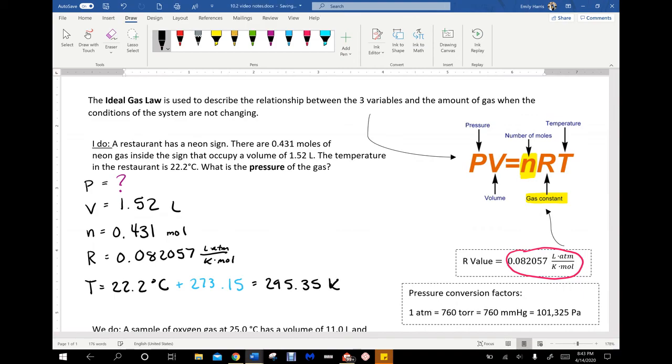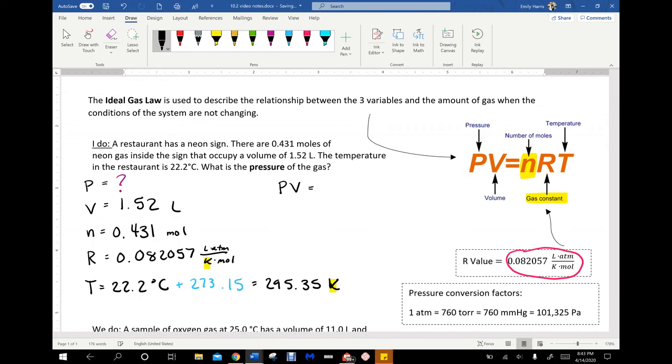The reason the gas laws always have to have their temperature in Kelvin is actually due to the R value. All of the gas laws are based off of this ideal gas equation, and since the R value is defined in terms of Kelvin, we need our temperatures defined in terms of Kelvin as well. Now we're ready to solve.